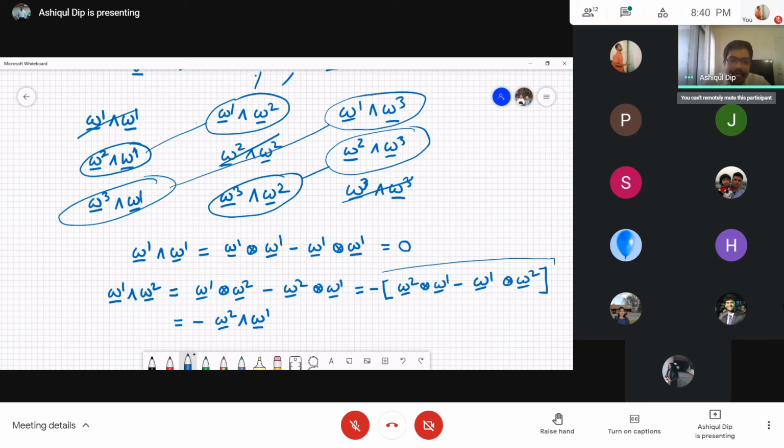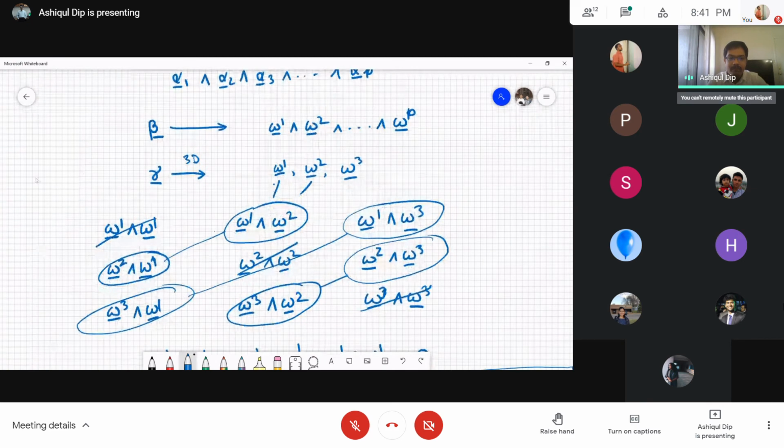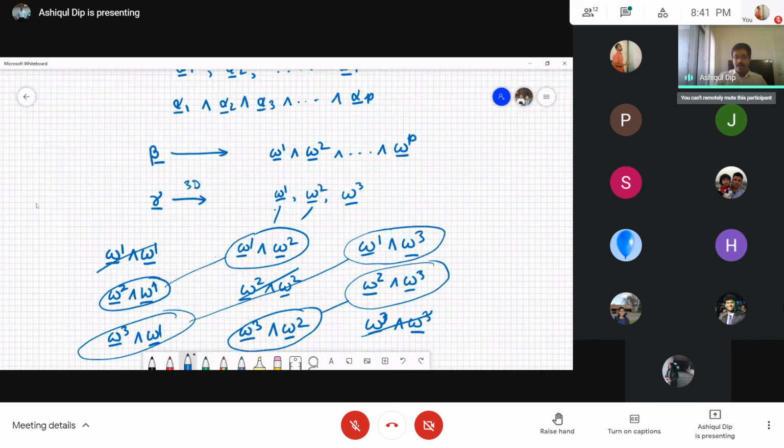So in 3 dimensions, for a 2-form, you can have at most 3 independent bases, right? So we can write our beta, gamma, which we claim to be a 2-form, like this, because it can have at most 3 independent bases.